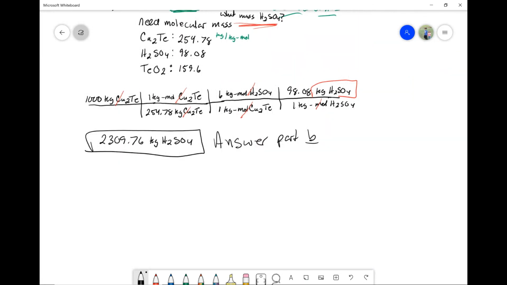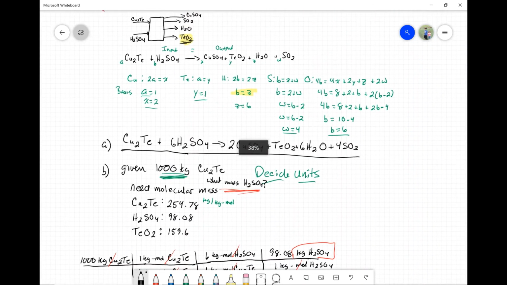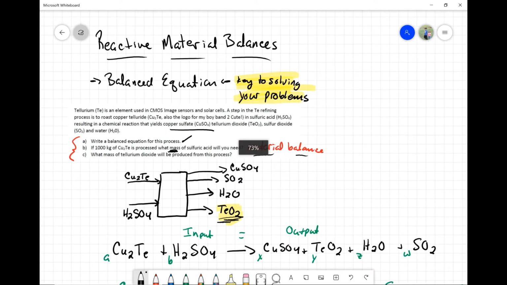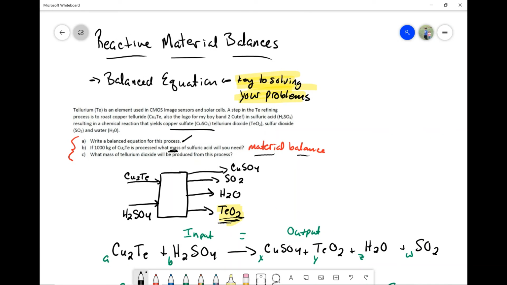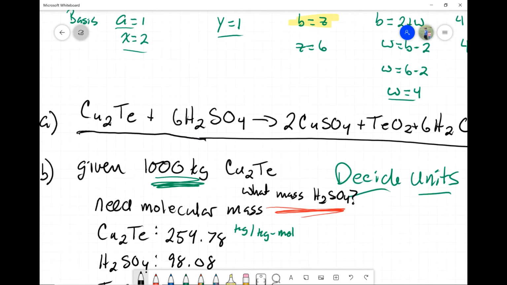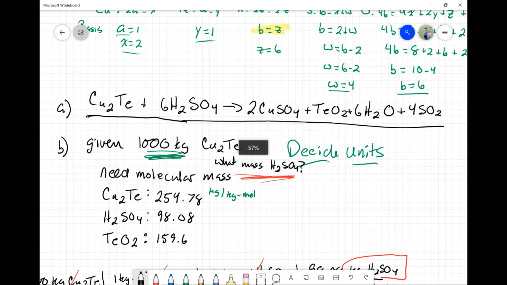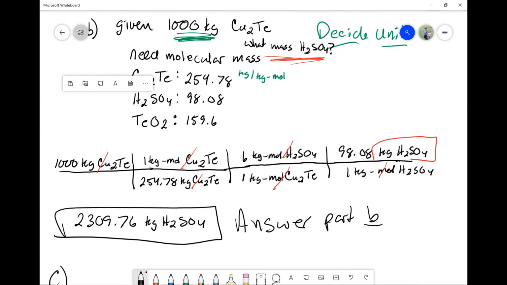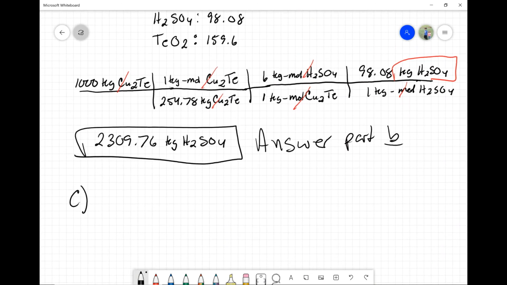All right, so for C now, they want to know what mass of tellurium dioxide will be produced from this process. So again, chemical equation is the guide, and we can use our same basis of 1,000 kilograms of copper telluride.